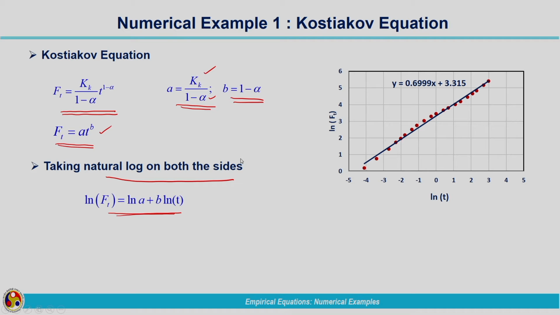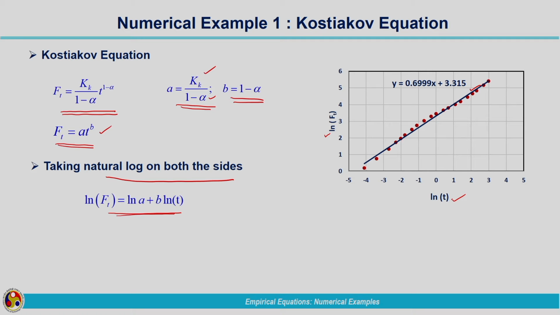These red points show the data points. We are plotting the graph between ln F of t and ln t. The natural logarithm of cumulative infiltration and time is calculated, and after that we plot those data points. Then we fit a straight line to these data points.